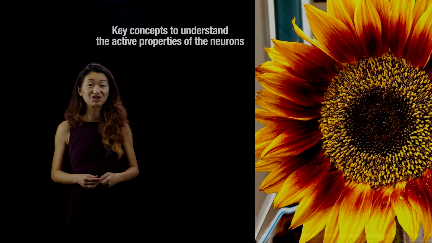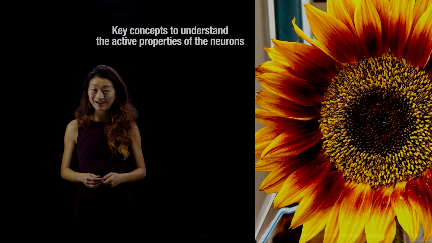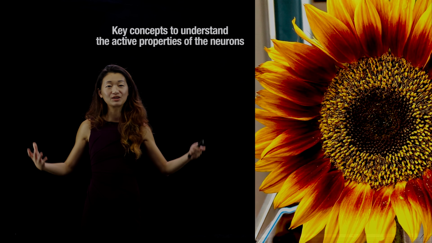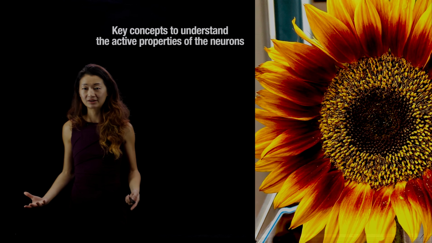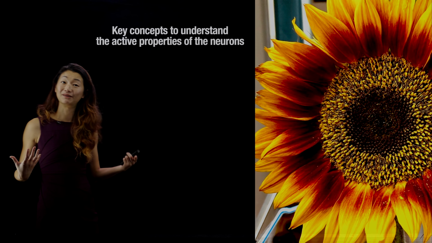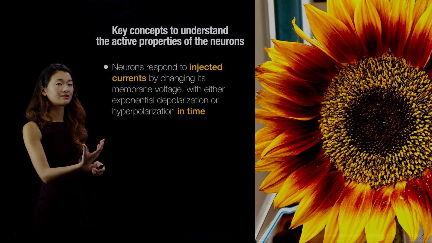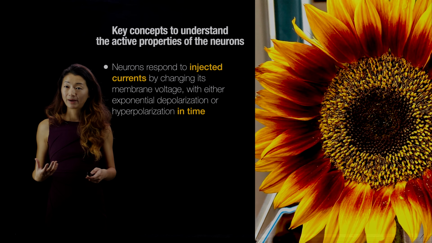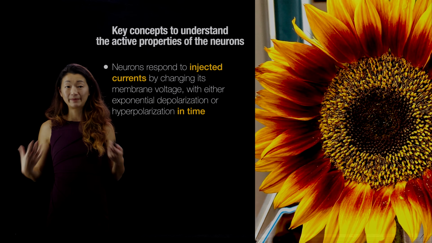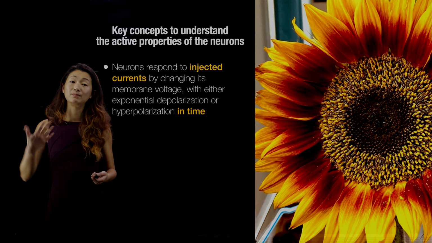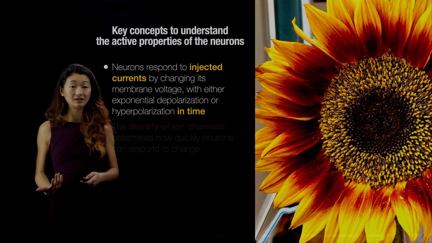We've talked about how things change in time, as well as how they change in space, by reasoning through these physical analogies and looking at the equations that govern them, that we all know and love from physics. And so to summarize the basics that we talked about: neurons respond to injected current by changing their membrane voltage. It changes in an exponential way, with either exponential depolarization or hyperpolarization in time.